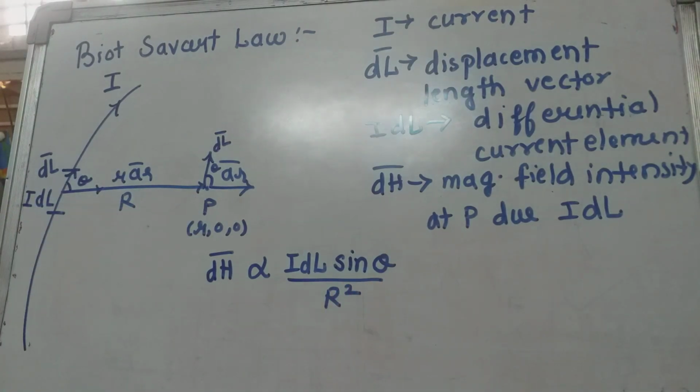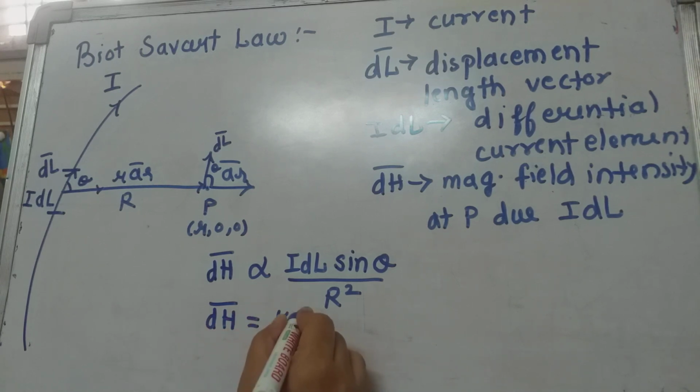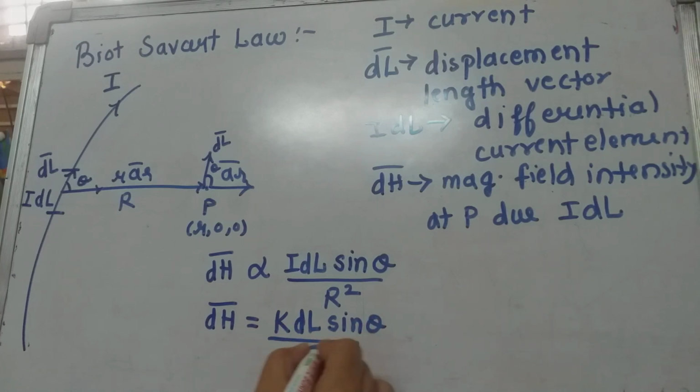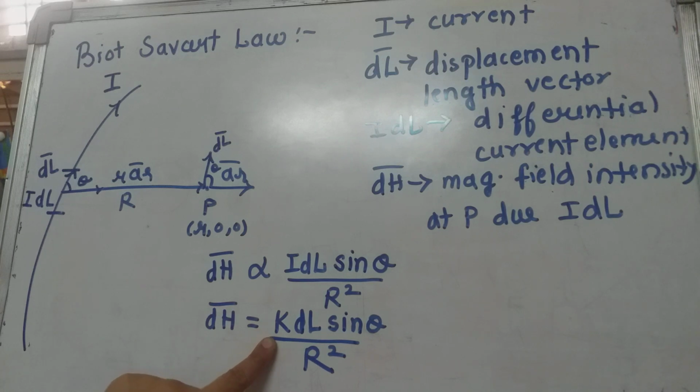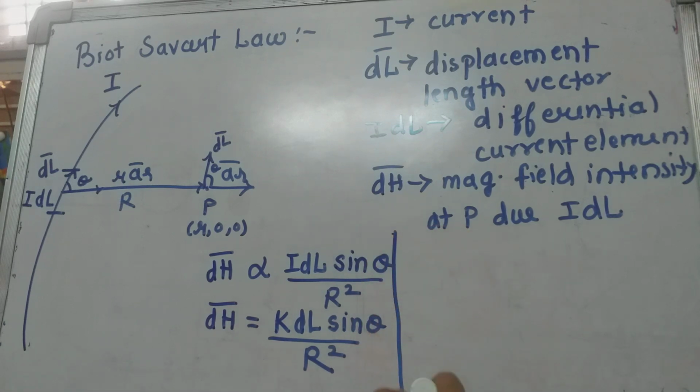So I can further simplify this equation as dH bar is equal to K I dl sine theta upon r squared, where K is the proportionality constant and its value is taken as 1 upon 4 pi.